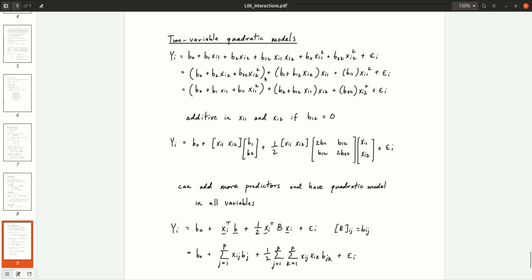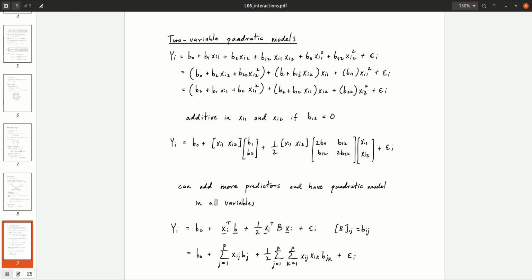And neither of those depend on xi2 if b12 is 0. So we can think of this as an additive model in xi1 and xi2 if b12 is 0.